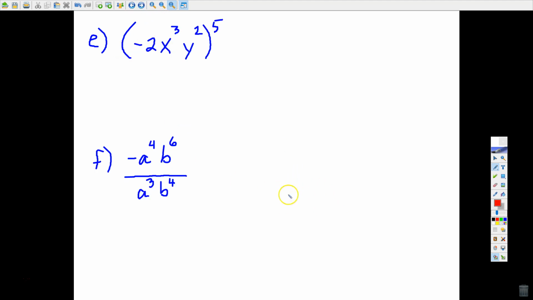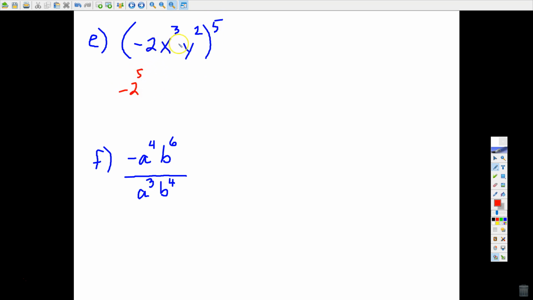Okay, letter E. This is when we have powers of powers. So powers of powers, or some people call this the power to a power property. Well, everything in the parentheses needs to be raised, in this case, to the 5th power. Okay, so let's just do that first. I'm going to show -2 raised to the 5th.